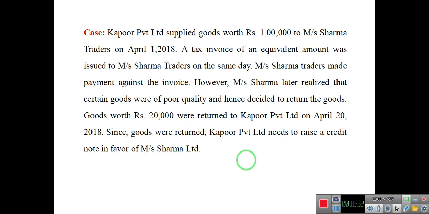However, Messrs Sharma later realized that certain goods were of poor quality and hence decided to return the goods. Goods worth rupees 20,000 were returned to Kapoor Limited on 20th April 2018. Since goods were returned, Kapoor Private Limited will raise a credit note in favor of Messrs Sharma Limited.